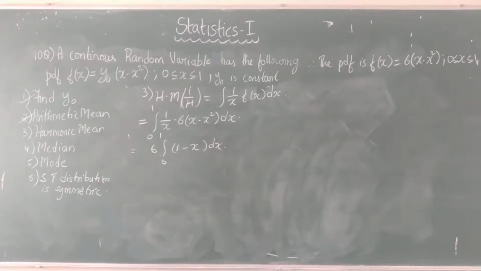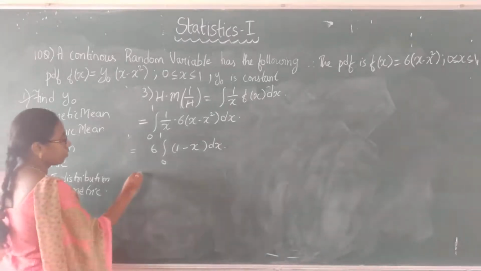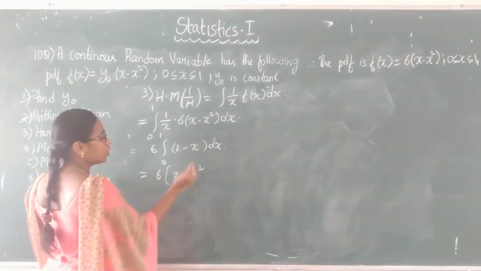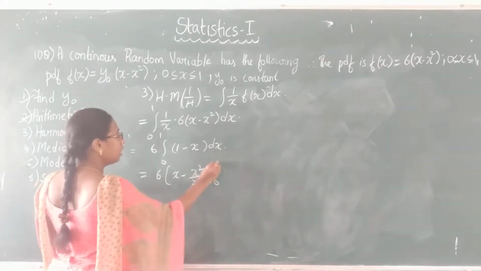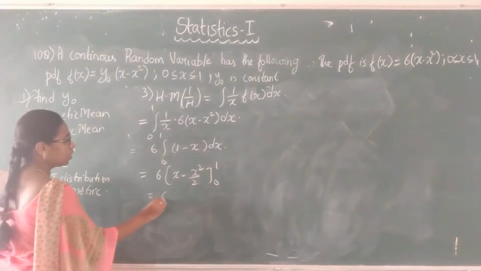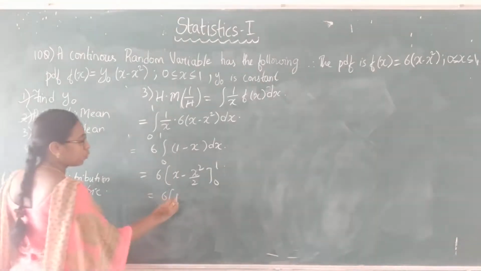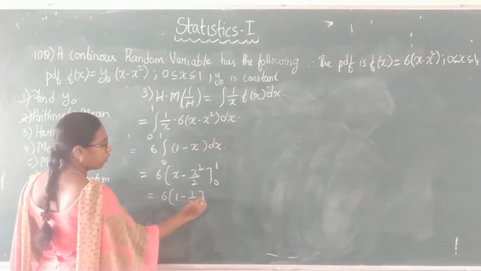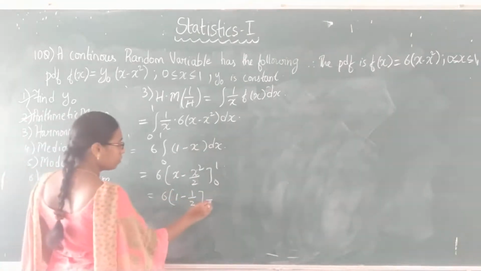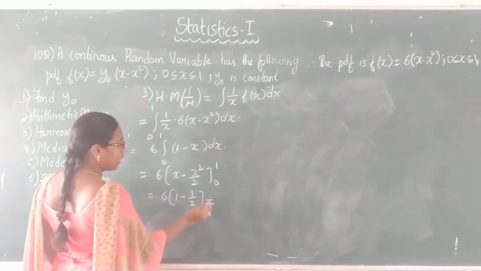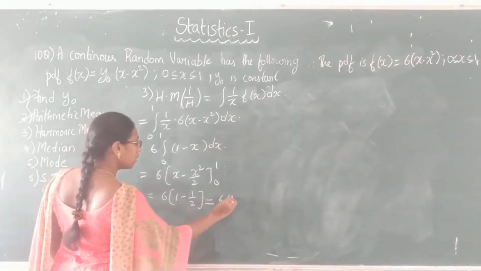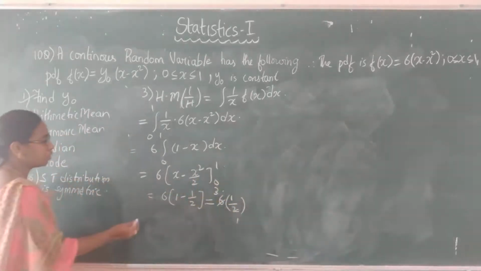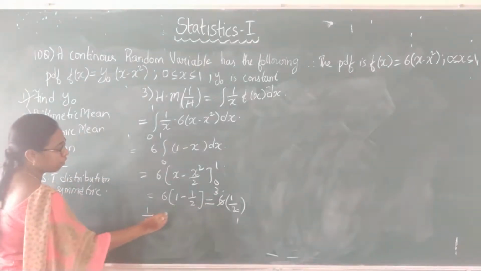Integration of 1 is x. 6 into x minus integration of x, which is x²/2, within the limits 0 to 1, which equals 6 into 1 minus 0 is 1, minus 1/2, so the LCM is 2, 2 minus 1 is 1/2. So 2 ones are 2, 2 threes are 6, so 1/h value equals 3.